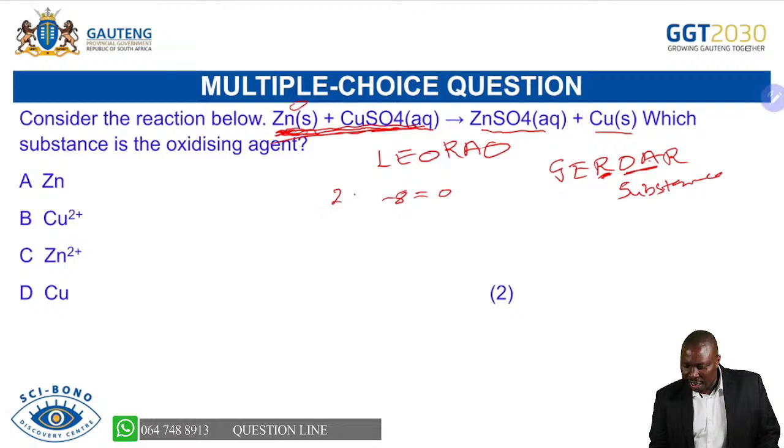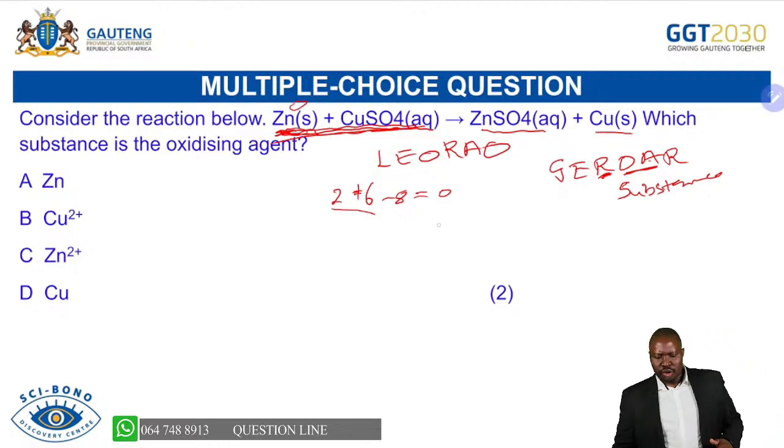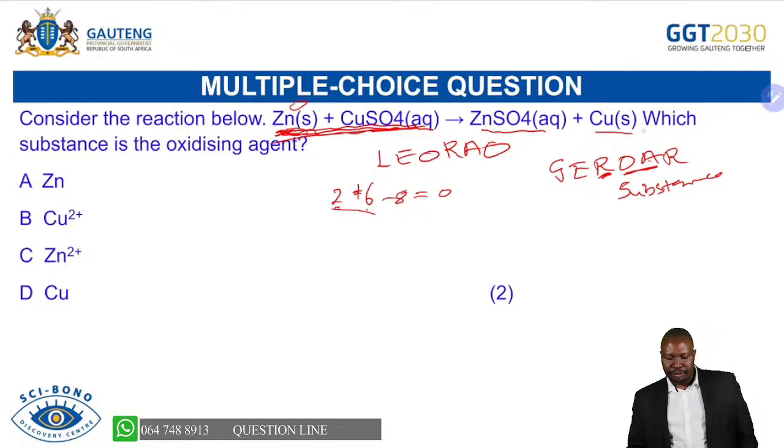That means sulfur must be +6. 2 plus 6 is 8, 8 minus 8 is 0. Remember, copper sulfate is a neutral compound, and if it's a neutral compound, it must add up to 0. So by using the oxidation numbers, copper will be +2, sulfur will be +6, and then oxygen will be -8.